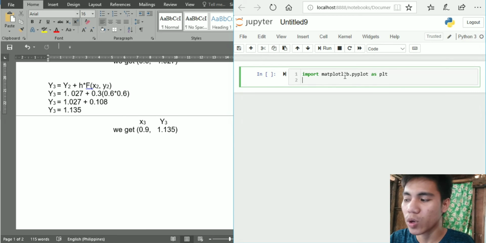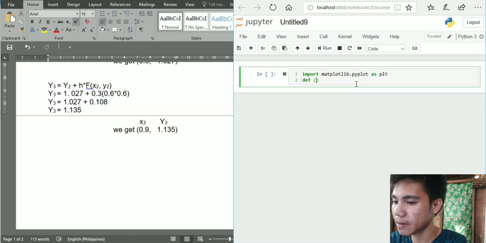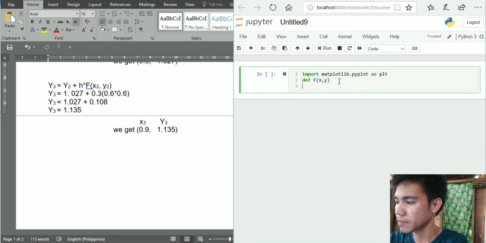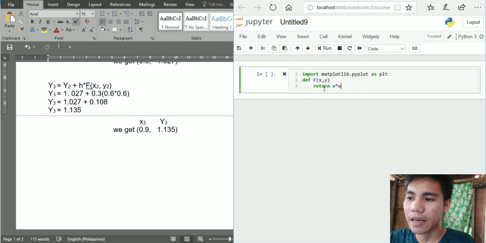Then we are going to define the function, and return x times x.